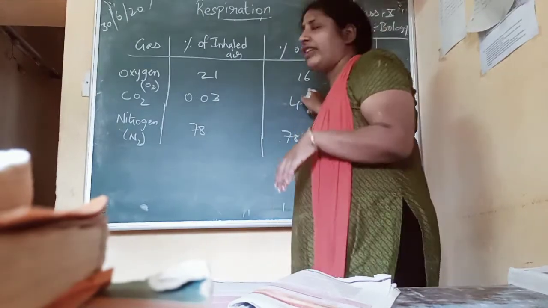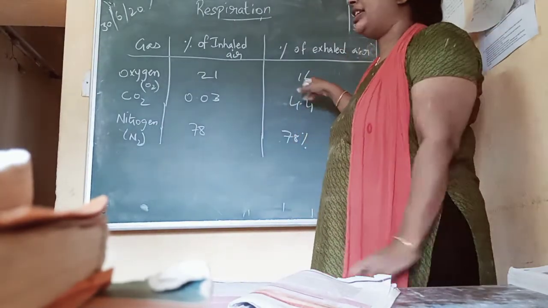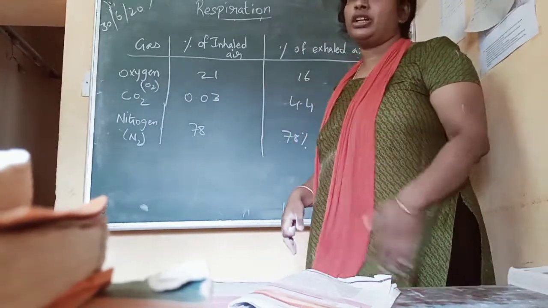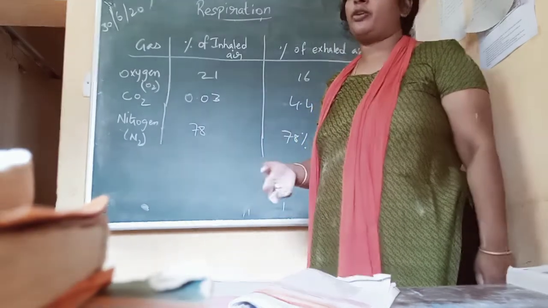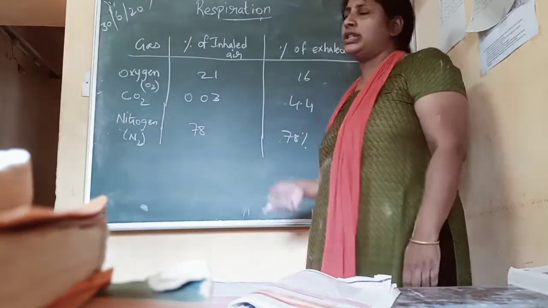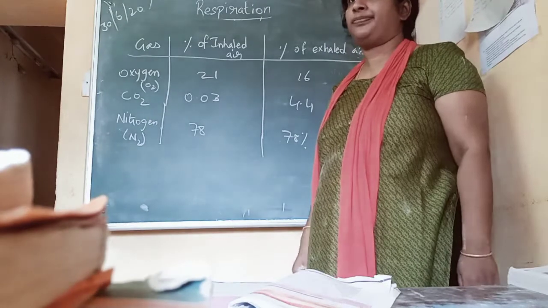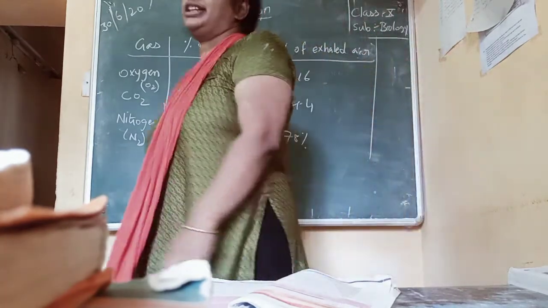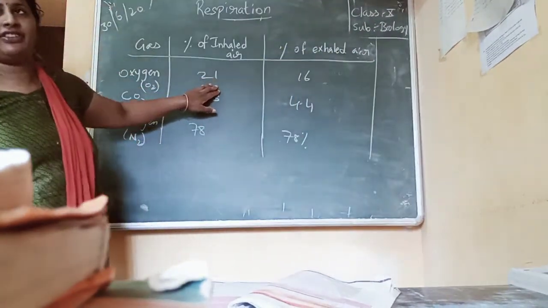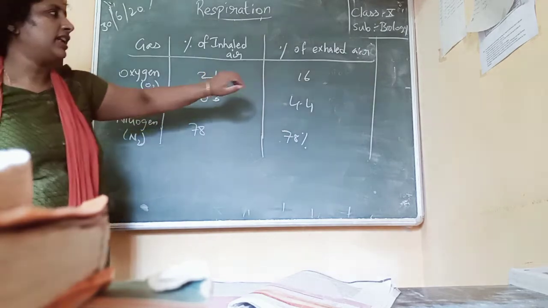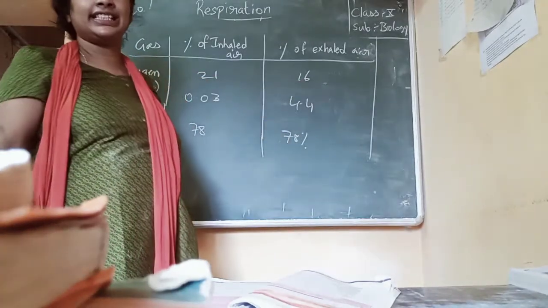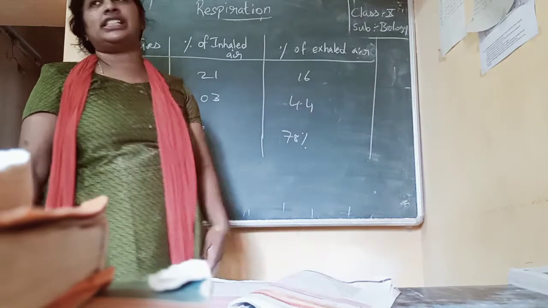Then the outside air which has come from your body contains only 16% of oxygen. So while you are inhaling 21% of oxygen, in the exhaled air you will see only 16%.